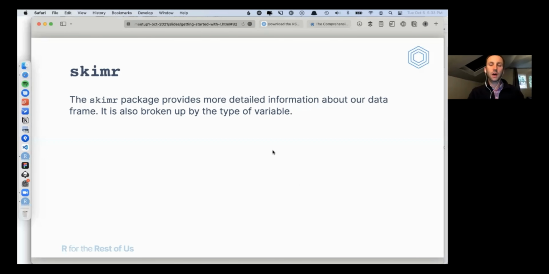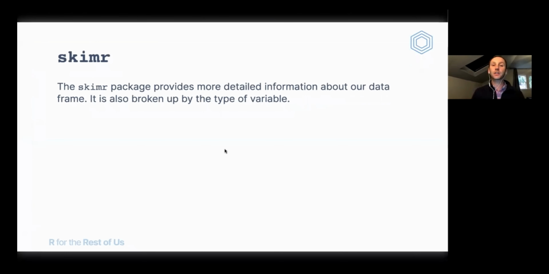Okay. So the skimr package is a way to get some really simple kind of summary, or not summary statistics, but just get a sense of our data. Actually, it does provide some summary statistics. It provides, again, more detailed information, and it's broken up by the type of variable. So if you haven't installed skimr, you'll need to do that.